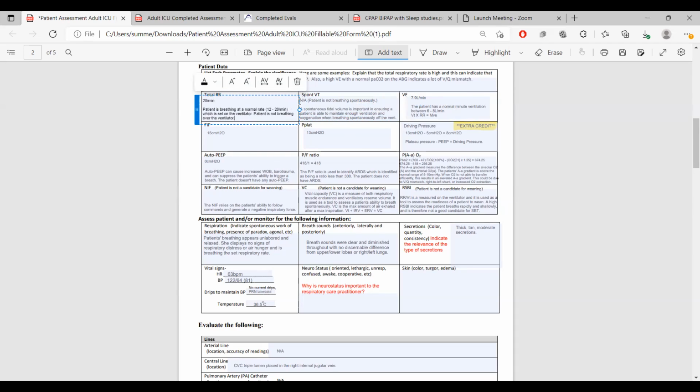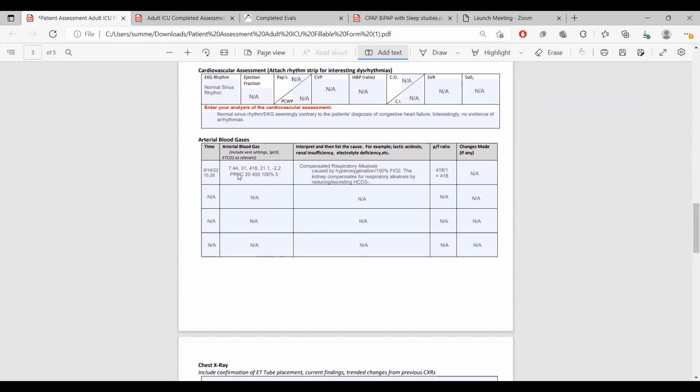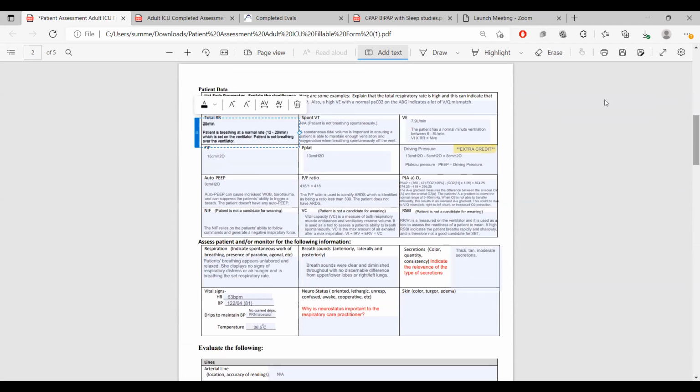The patient not breathing over the set rate of 20 could be because they have a good blood gas, or it could be because their brainstem was affected by the bleed. I think at this point they did have a good blood gas. So that's probably why. The patient is not breathing over the ventilator because they have a good blood gas and there's no need to breathe over. Okay, yes. I see what you mean.